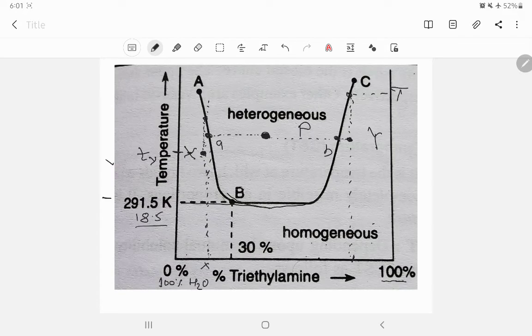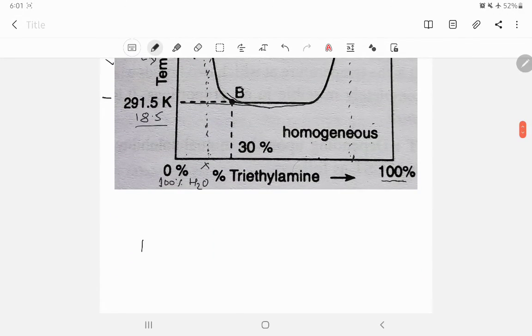This is about the second type of system, that is called a minimum solution temperature system. This temperature is called the minimum CST. How will you define this minimum CST? It is the temperature below which two liquids are completely miscible, and above which two liquids become partially miscible. That is called the CST.